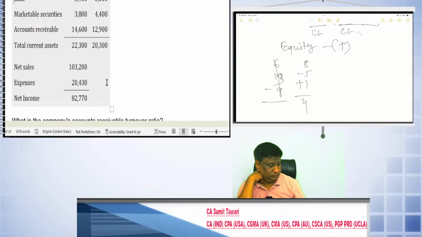So net sales divided by the average of accounts receivable. So it is 103,200 divided by what is the average? 7.5, sir.